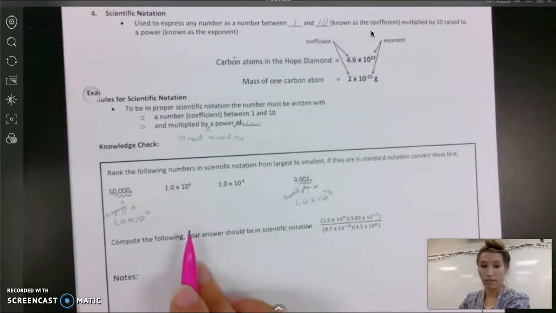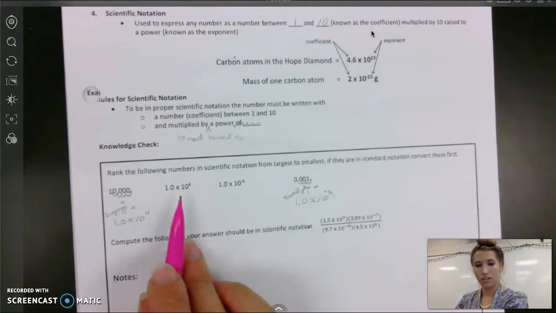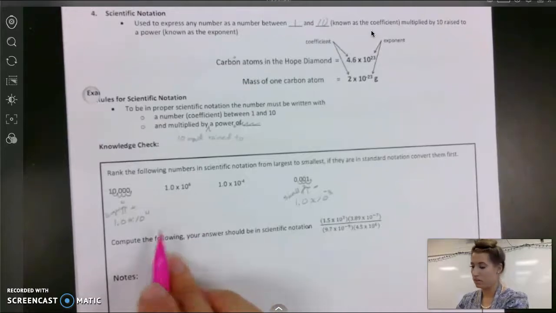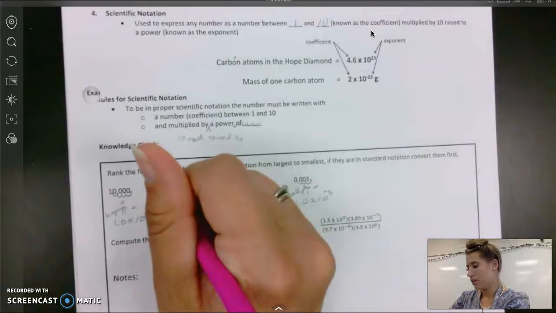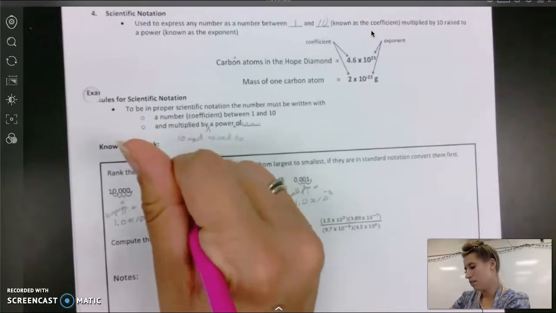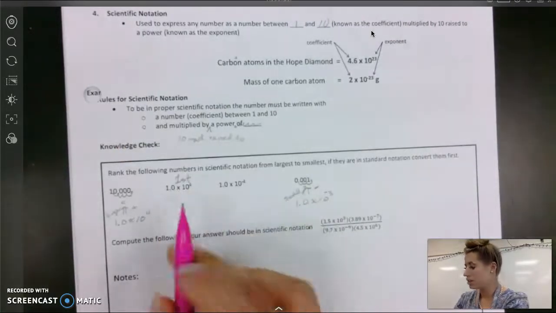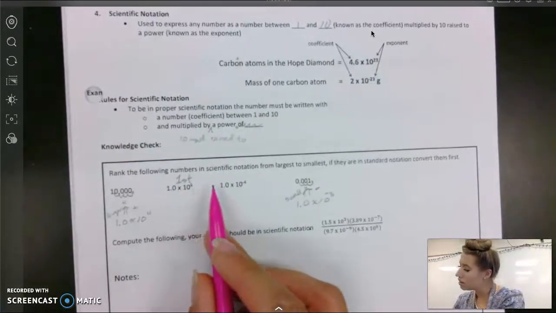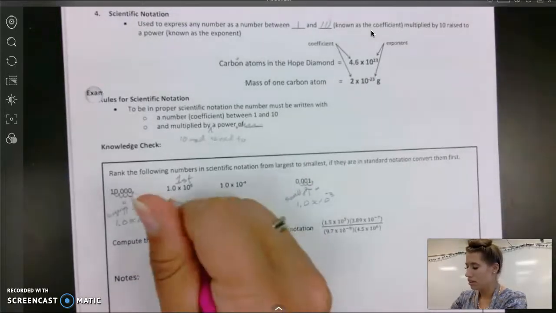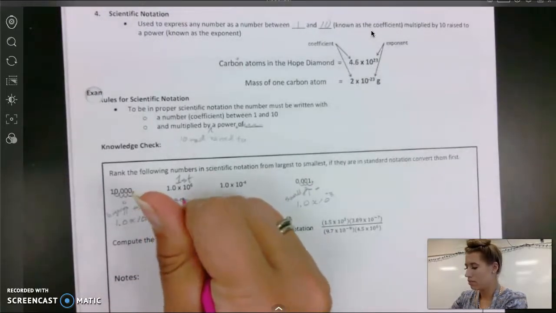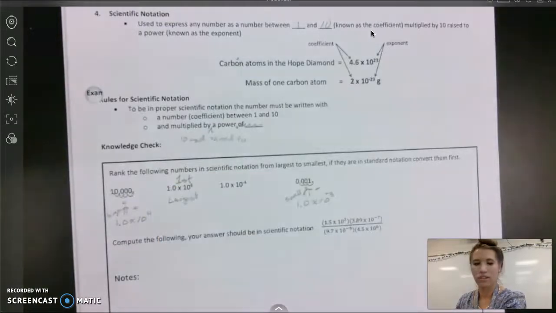All right, now let's compare. So we have large number, 6 compared to 4, so there's our largest. Okay, so we're going to put this in first place because it said to rank them from largest to smallest. And then I'm still going to clarify. I'm going to say that that's the largest.